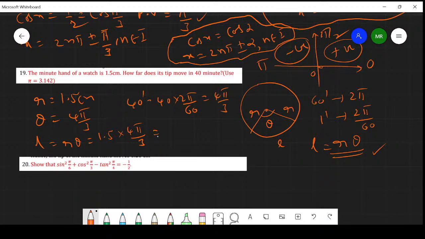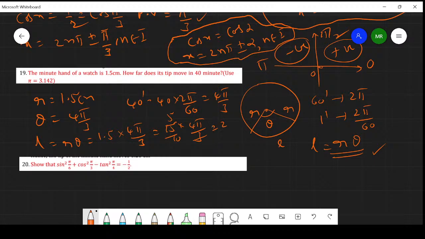1.5, I can write 15 by 10. If I simplify 15 by 10 into 4 pi by 3, so 3 fives are 15, and 5 fours are 20 by 10, you will get 2 pi.